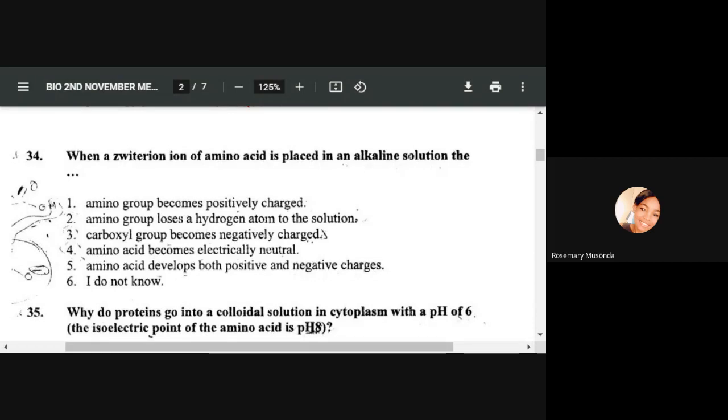So I don't think option 1 can be the answer, because according to this explanation, if a base is added, removal of the hydrogen ion from the amino group produces a negatively charged amino acid. So now, I don't know if the statement makes a bit of sense.